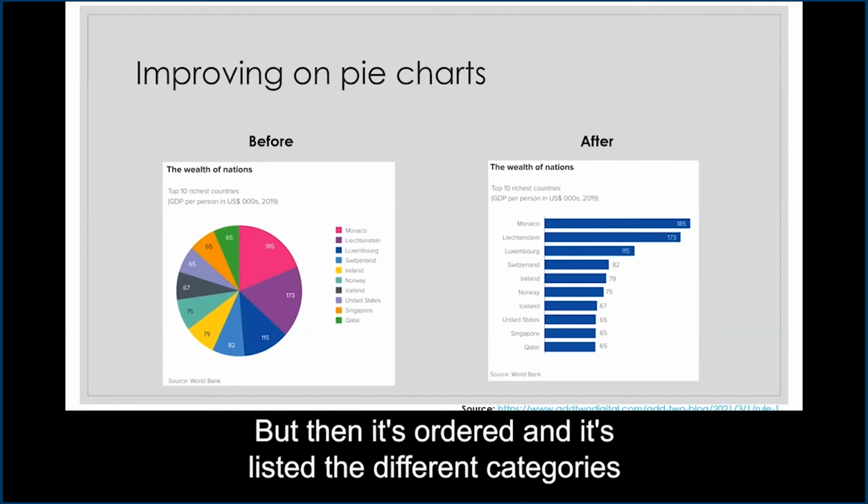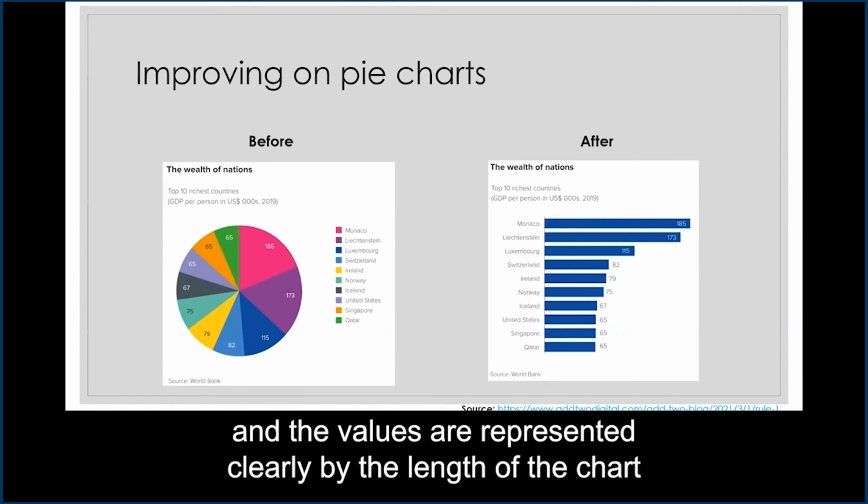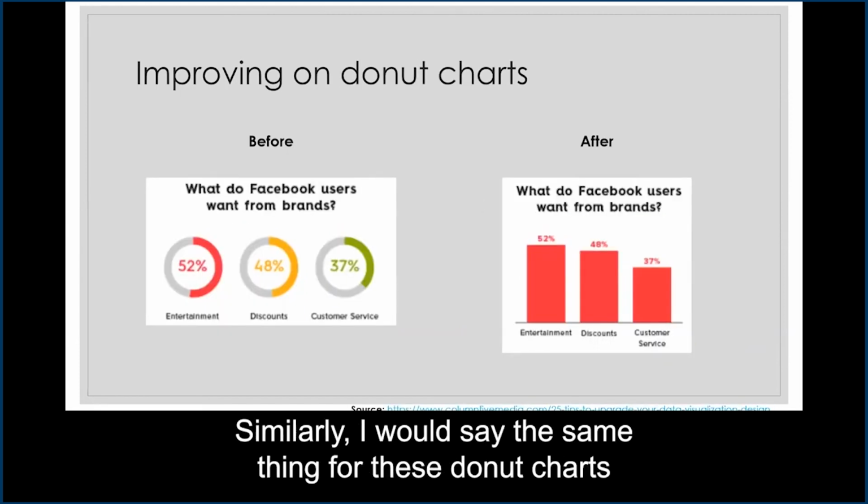But then it's ordered and it's listed the different categories with very clear links to their different values. And the values are represented clearly by the length of the chart. So straight away, you get a much clearer sense of the comparisons across these different groups. Similarly, I would say the same thing for these donut charts.